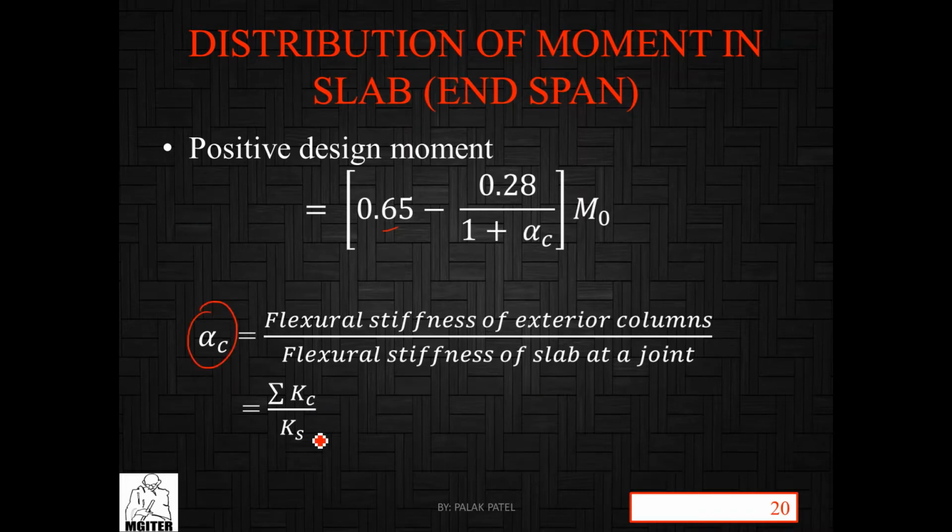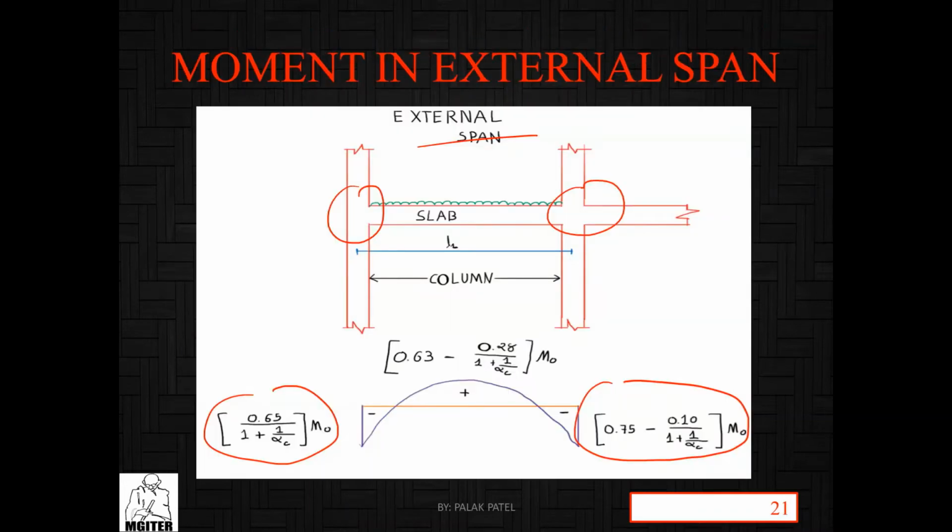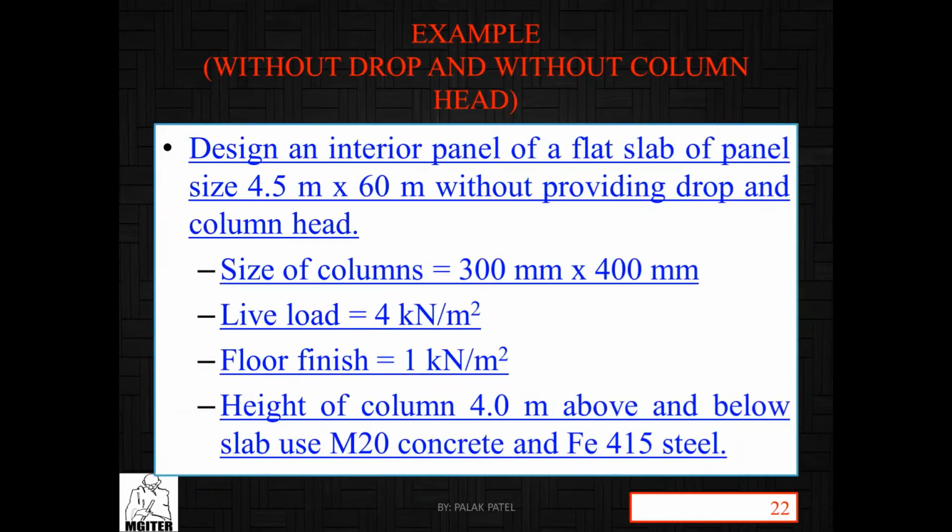Alpha c means the fractional stiffness of the exterior column and the fractional stiffness of the slab at a joint, meaning kc and ks. By this alpha c we can find out pattern loading. Okay, we will understand things while we calculate the example. These are the moments of the external span. You can see.